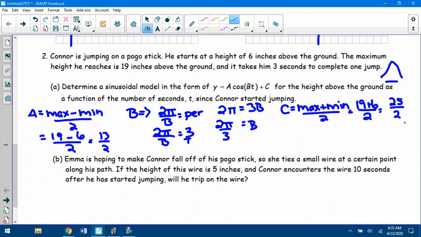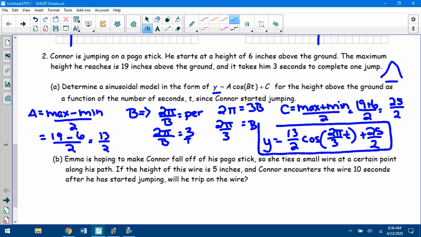So putting that all together, we have y equals, because they told us to use y equals, 13 halves cosine of 2 pi over 3 t plus 25 halves. All good?